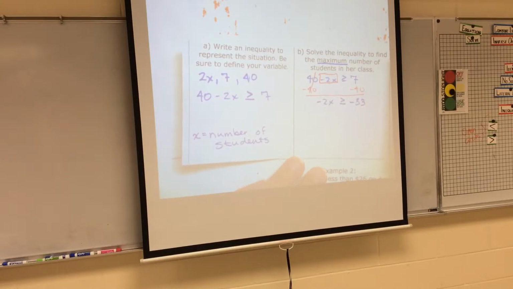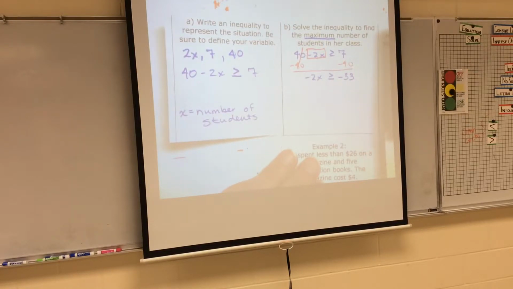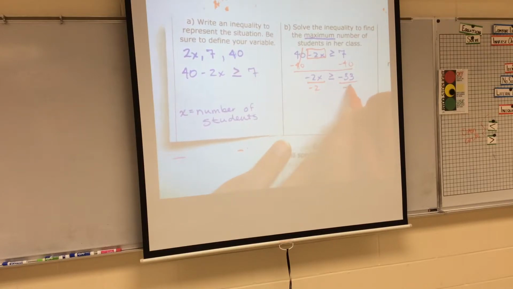All right, and then what do we do? We got to think inside the box now. Divide by negative 2. Beautiful. So now I've got x. And what happens to my inequality? It's going to flip.